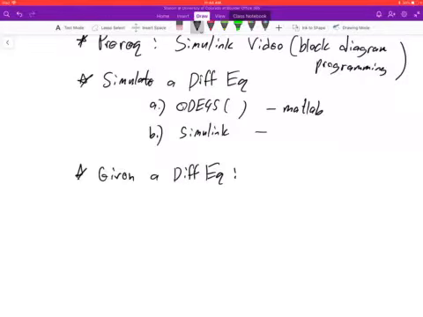Specifically, the one we're given in this lab is the differential equation of an RC circuit, which is RC V out dot plus V out equals V in, and V in and V out are functions of t. I'll add of t there, and you could do the same with V out. I'm going to call this equation 1 for later purposes.